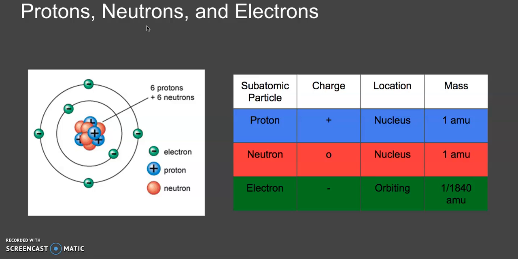They're about 1/1800th of the mass of a proton or a neutron. So they're very, very small in comparison. They are also responsible for a lot of the bonding that happens between atoms in order to make molecules.